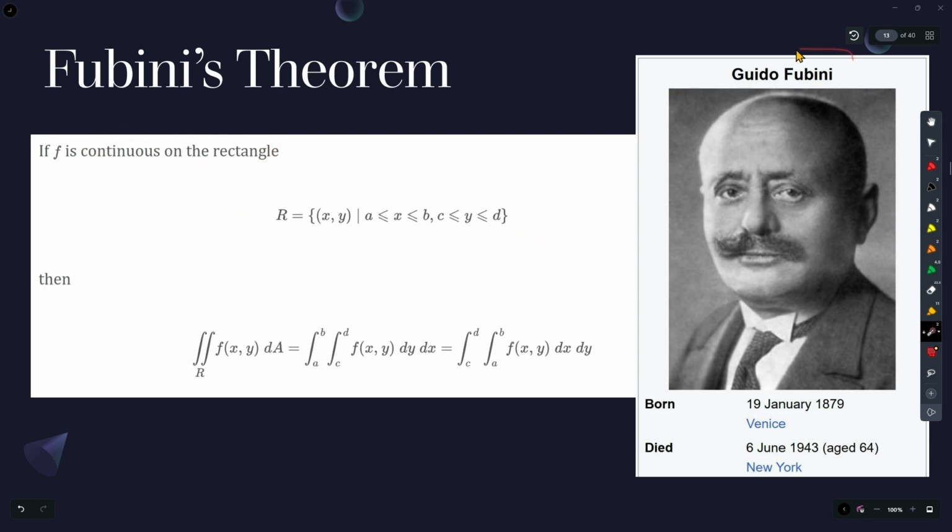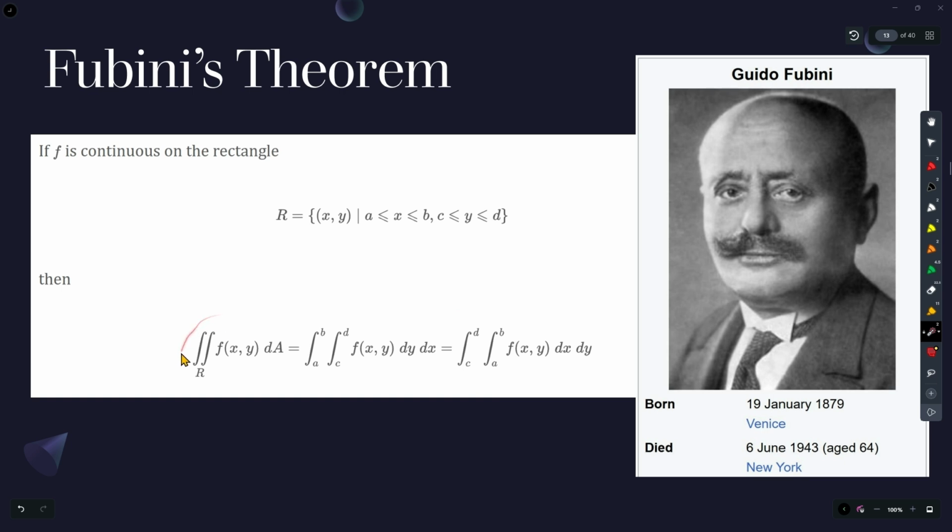A theorem proved by Guido Fubini shows that the area or the volume above that region and below f can be computed in two different ways and you get the same answer. You can integrate first with respect to y and then with respect to x, or with respect to x and then with respect to y, and you get the same answer no matter what.